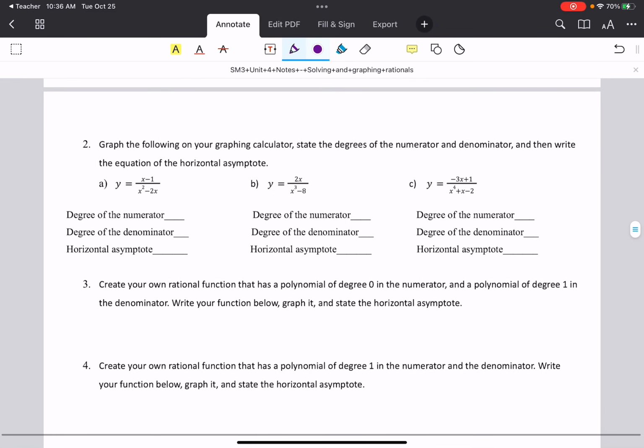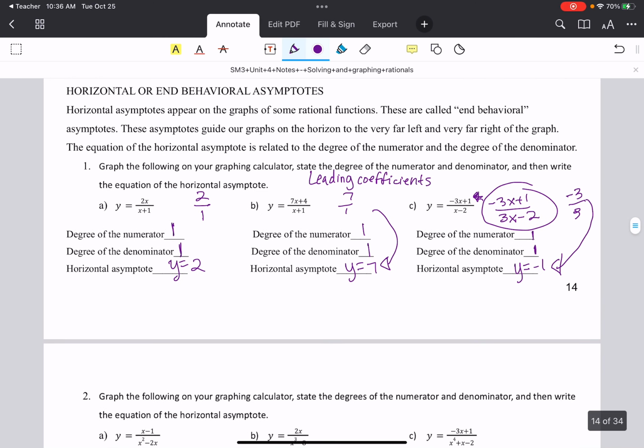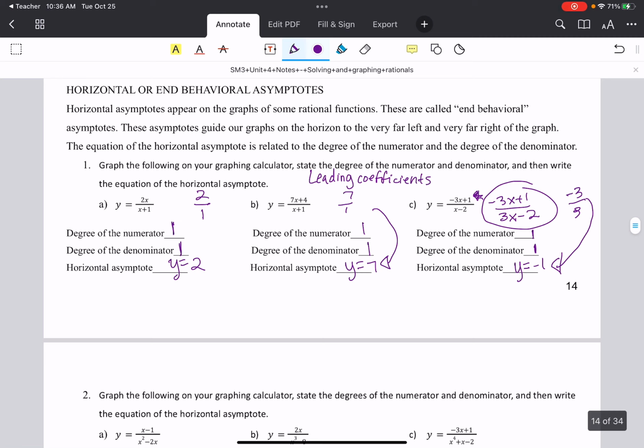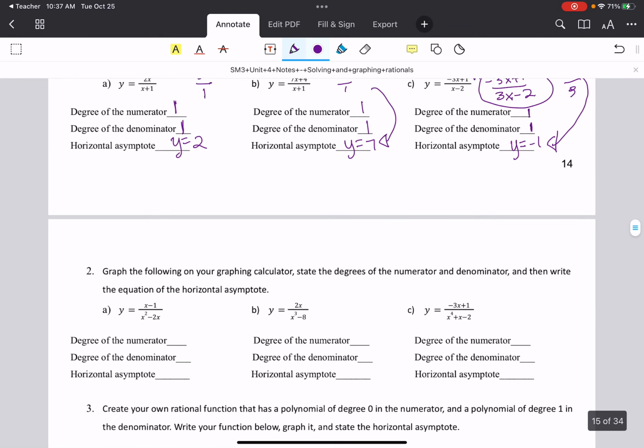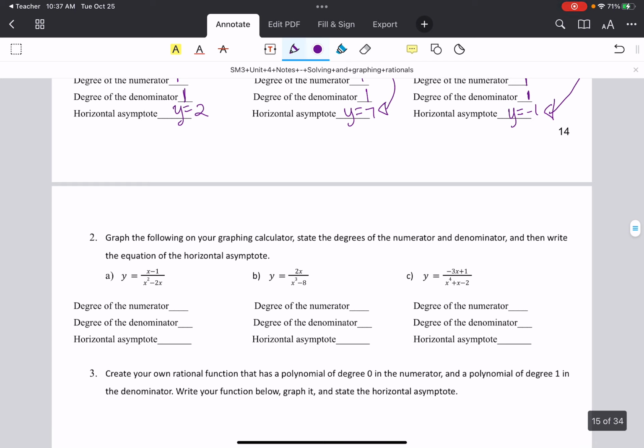Okay, let's look at these ones though. These ones look a little bit different. Remember, we're looking at the degree of the numerator and the degree of the denominator, and then we looked at what the horizontal asymptote was. So here, what is the degree of this numerator? The numerator, 1.